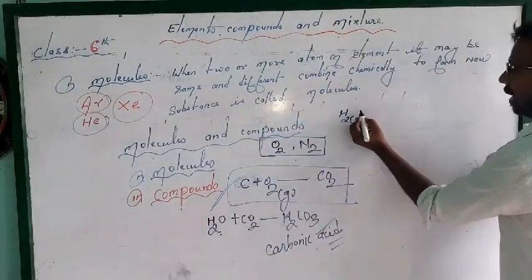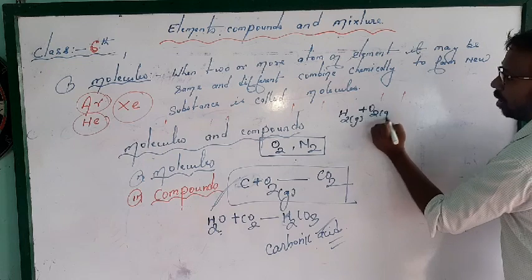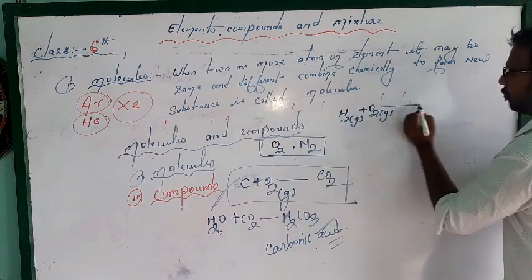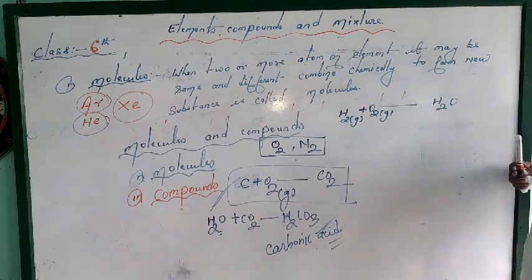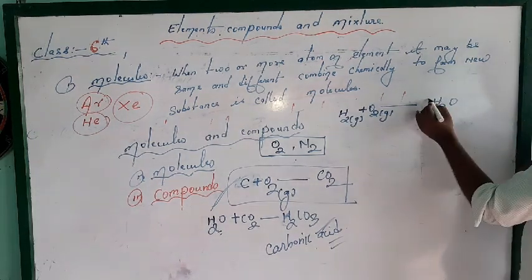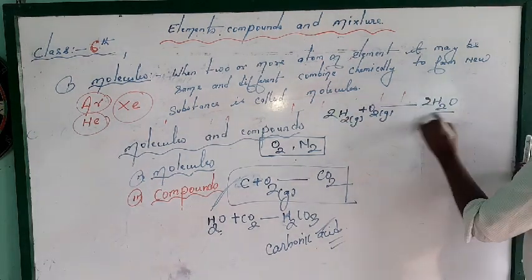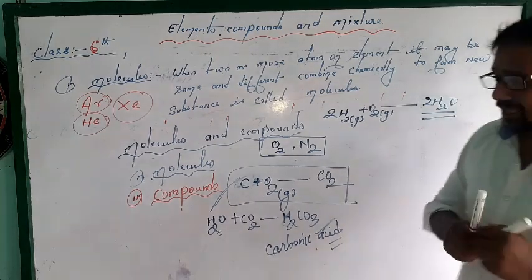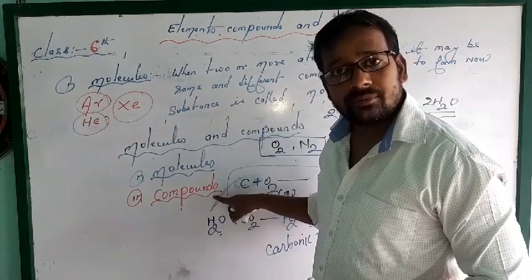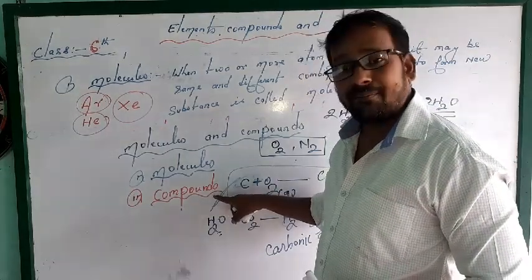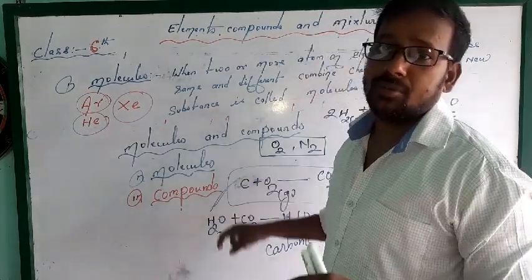So H2 plus O2 are also molecules combined to form the water compound, H2O. You can balance it. I have written here 2. This is the molecule. So you can say that all molecules are compounds, but compounds are not molecules.